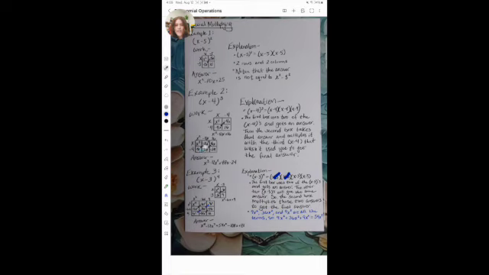Where before we just had 2 to connect, now actually we have 3, because 9x squared and 36x squared and 9x squared are all like terms. So you actually have to add all 3 of them together. So 9x squared plus 36x squared plus 9x squared equals 54x squared.